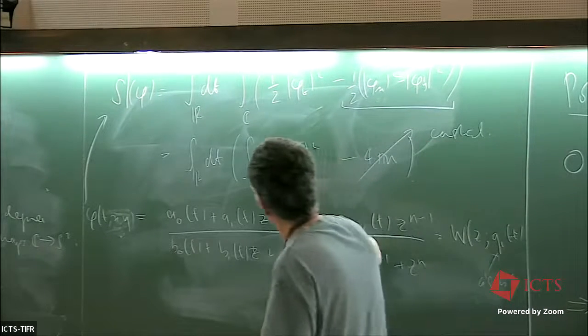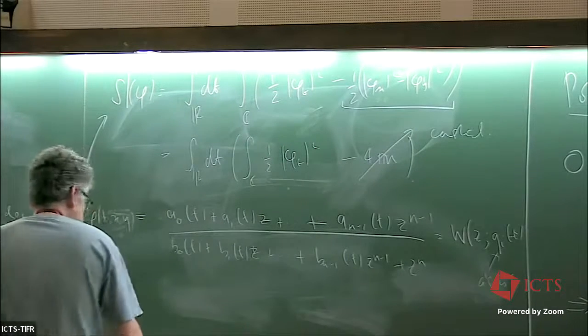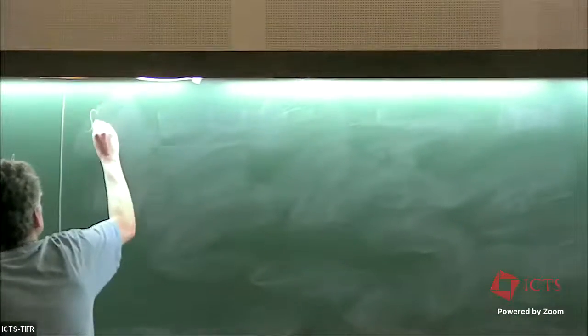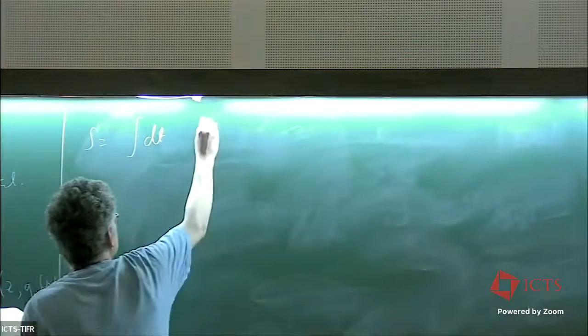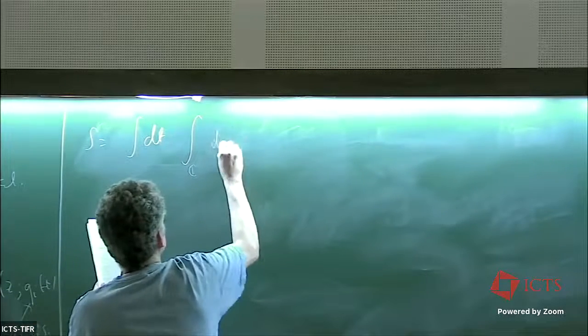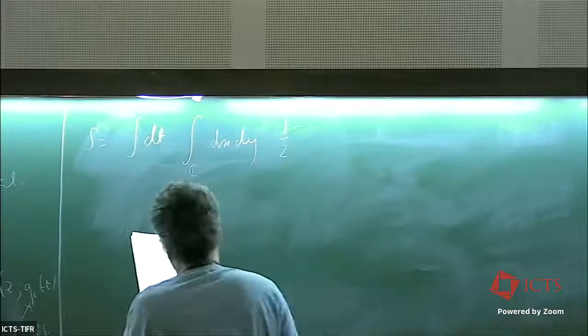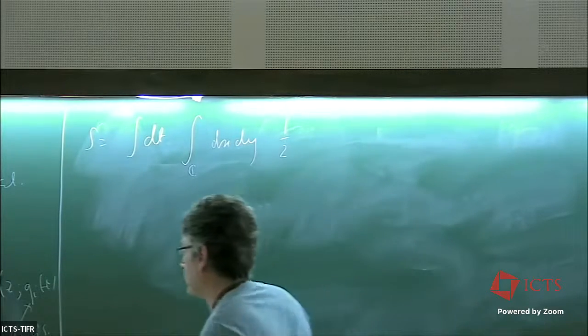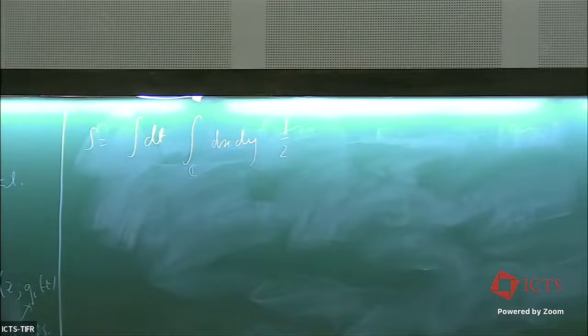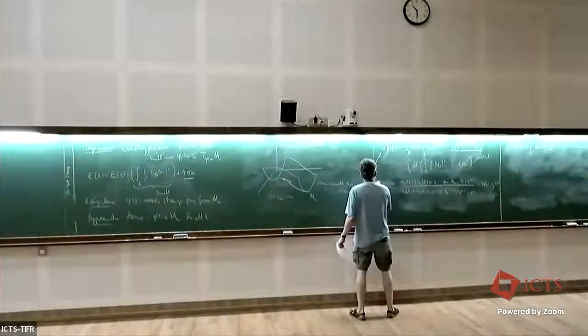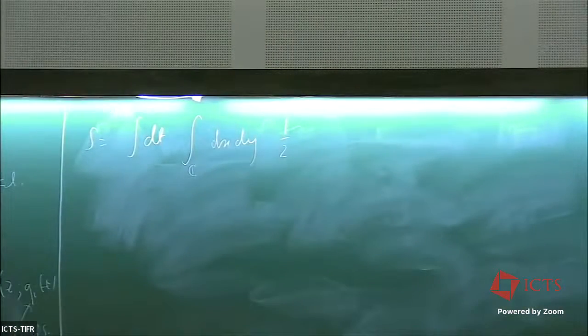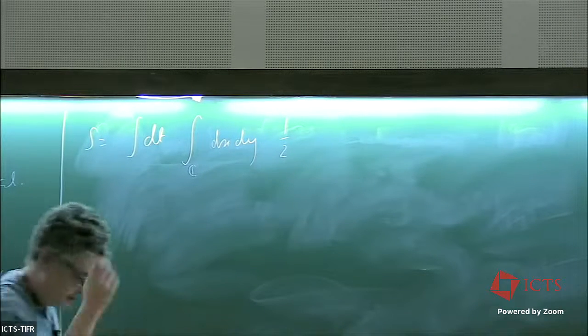So if I imagine plugging that into here and doing the calculation, what do I get? It's the integral over time of the integral over space of 1/2 phi t squared. Sorry, when I say phi, I don't mean that. This is, of course, W. So phi is the map which takes t, x, y, and maps it to W equals W of z, qi of t.